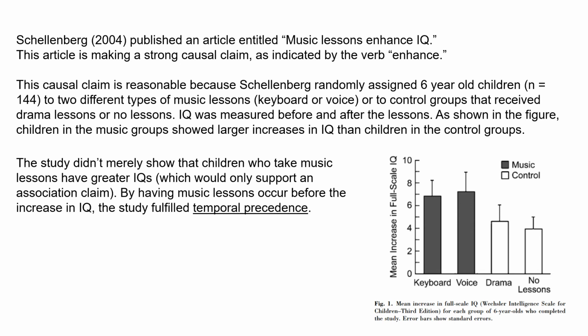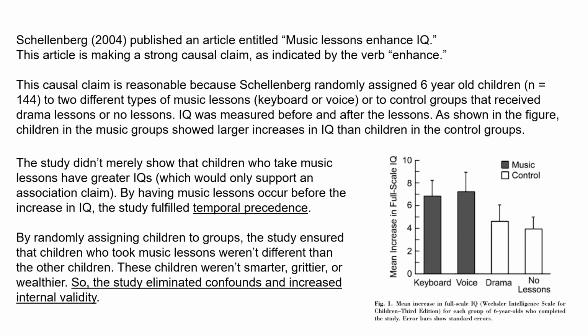Here, the study didn't just show that children who take music lessons have greater IQ, which would only support the association claim. It wouldn't support a causal claim, because even if temporal precedence is fulfilled, you still have the problem that it could be just those who have higher IQ are taking music lessons.